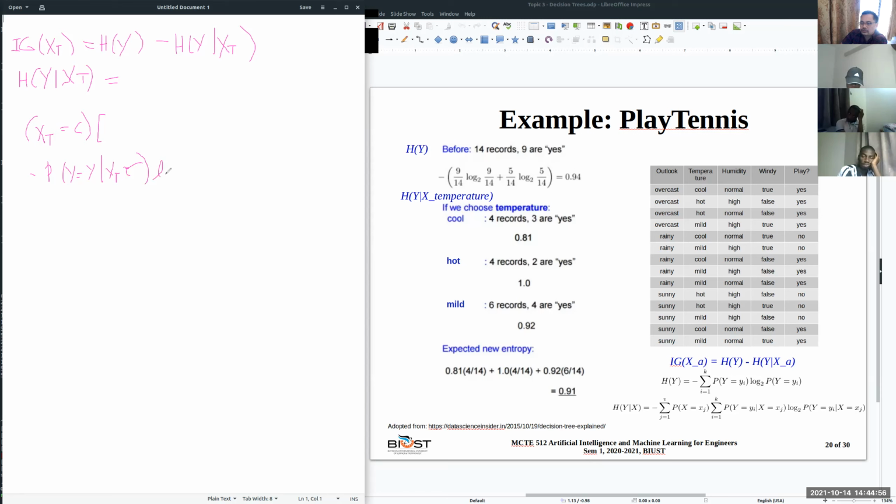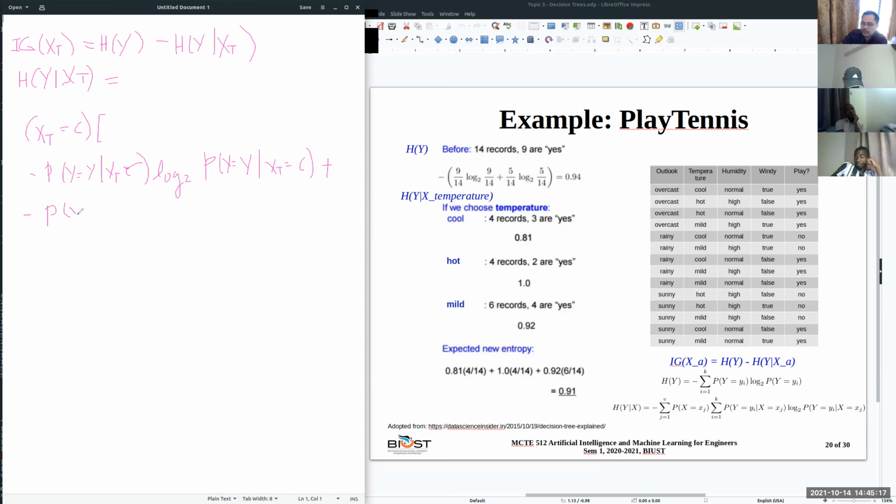Okay, log 2 of the same thing, probability of Y equals yes, given XT equals cool. Okay, and then minus, it's a summation, the same.